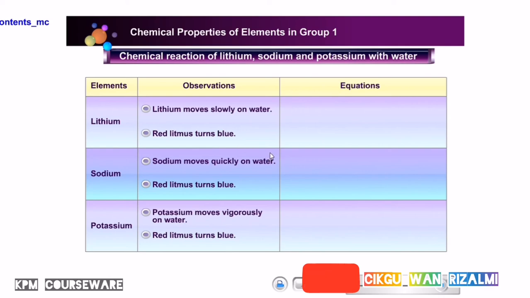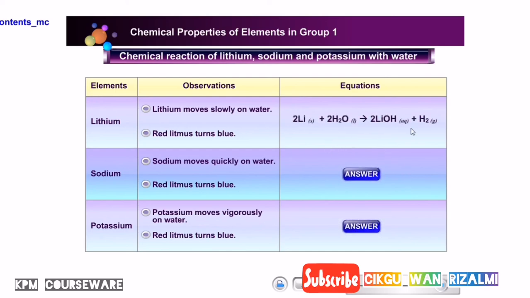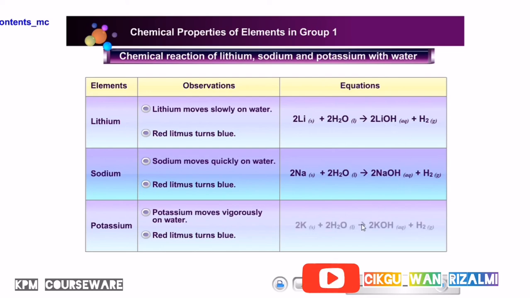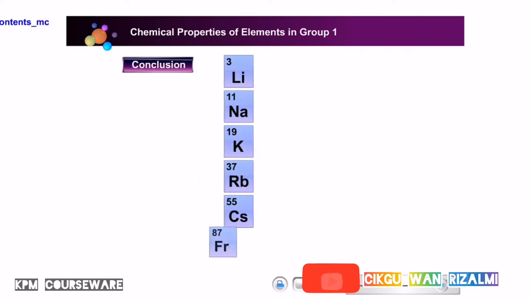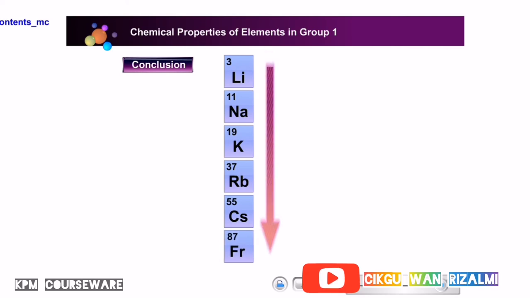Click on the answer button to know the equations of the experiment. Based on the results, we can conclude that the reactivity of alkali metals with water increases from lithium down the group. Click on the blinking button to proceed.